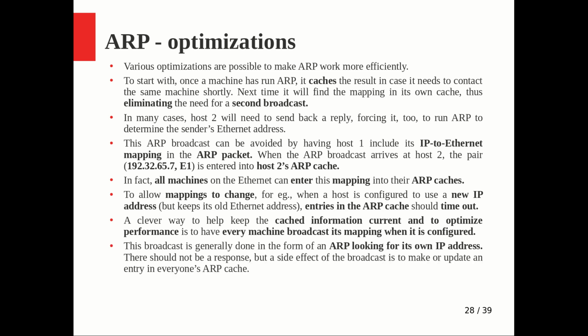It looks nice, but there is a problem in it. So this is how this broadcasting will be done. Who will be the destination? The destination will be the same machine itself. Actually, the intention is not for the ARP mapping, it is just for informing everyone about the new change, so that they should update their cache accordingly.